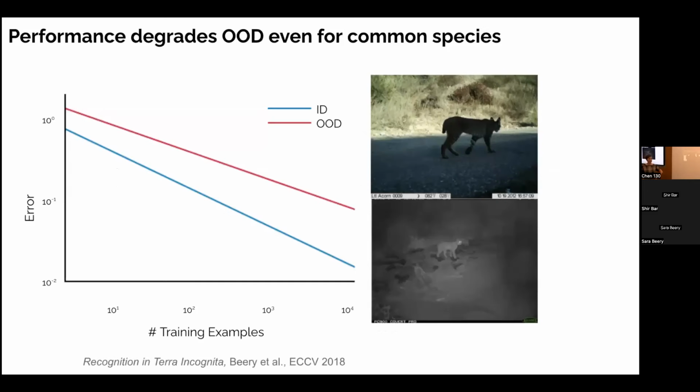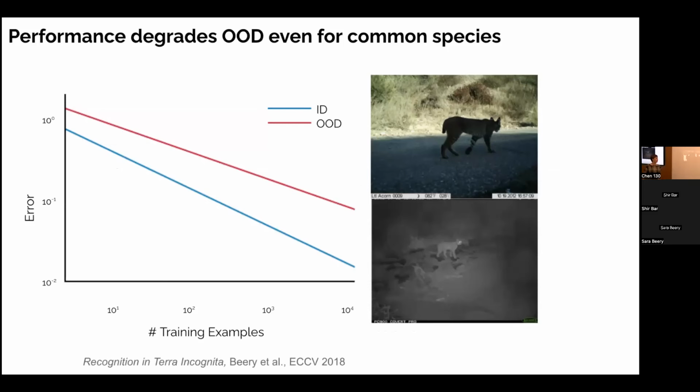And it turns out that it's not even as simple as, oh, part of the problem is that when you go out of distribution, for really rare classes, maybe you've only seen them in certain contexts or in certain lighting or certain poses, and so we're seeing all this degradation happening for the rare stuff. But it actually turns out that out-of-distribution generalization, that performance degradation, tends to happen even for common species.